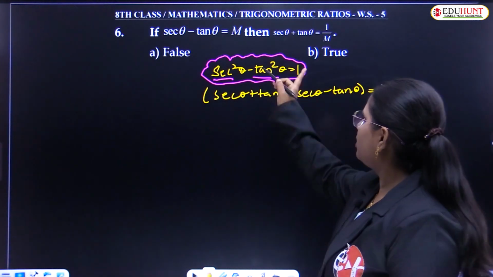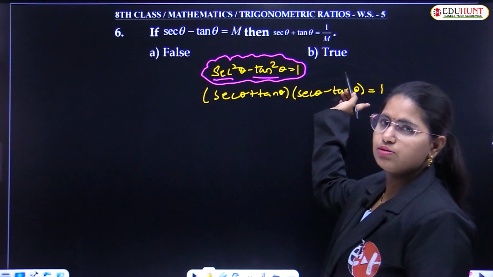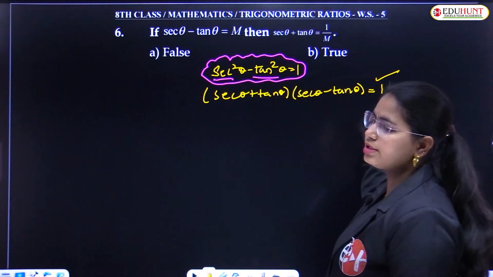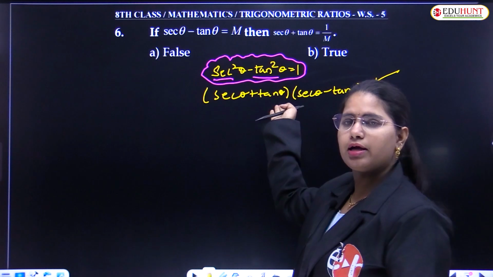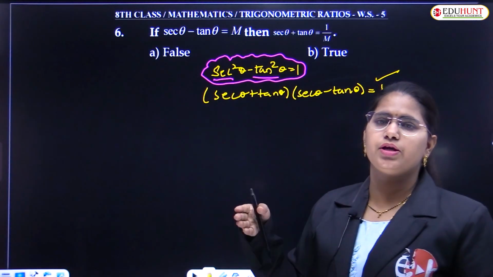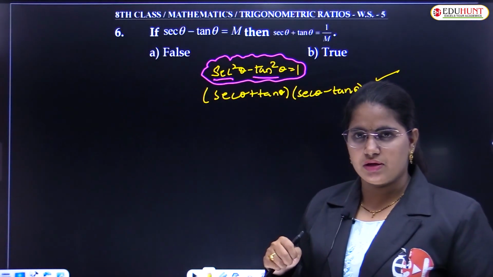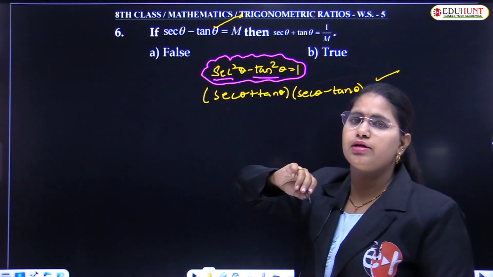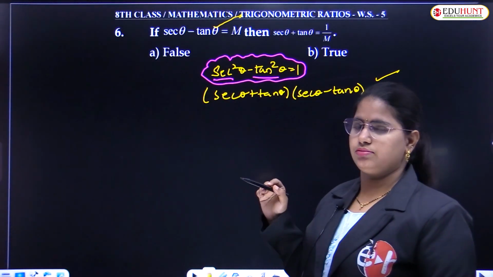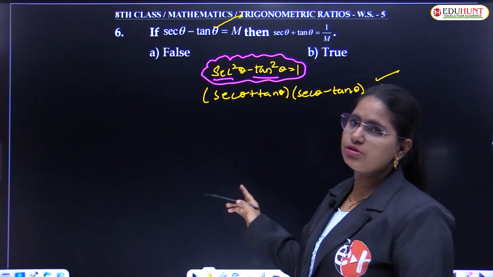Of course, the left side value and the right side value will not change; it is as usual 1, and on this side I have written it in the format of (a plus b) into (a minus b). Clear? In the given question we have secant theta minus tan theta equal to m. So let's substitute that value.